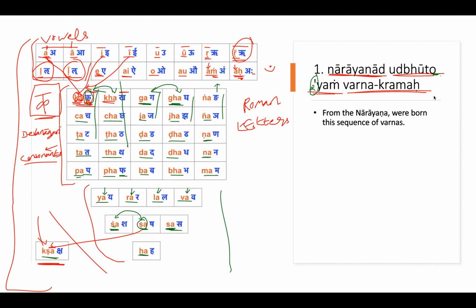So Narayana Dudbhutoyam, Bhutoyam, not Bhuto Ayam. Narayana Dudbhutoyam Varna Kramaha. You can also split and say Narayana Udbhutaha Ayam Varna Kramaha. Or you can just memorize it like this. Narayana Dudbhutoyam Varna Kramaha. All right.